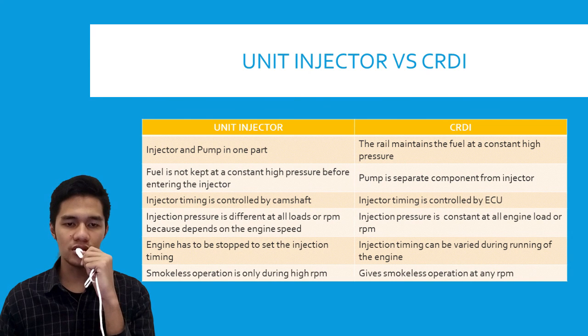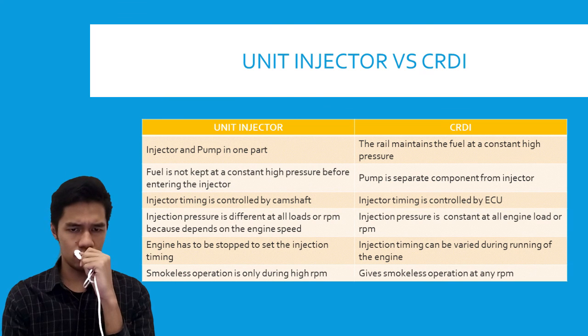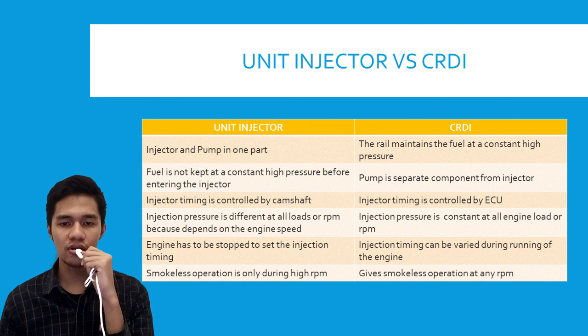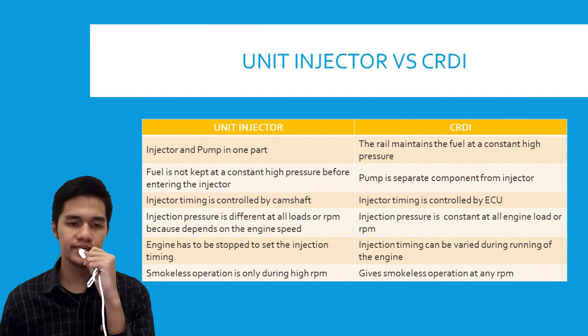So when load or RPM is low, the injection pressure will be low. However, in CRDI, as I said before, the injection pressure is constant at all engine loads and RPM.